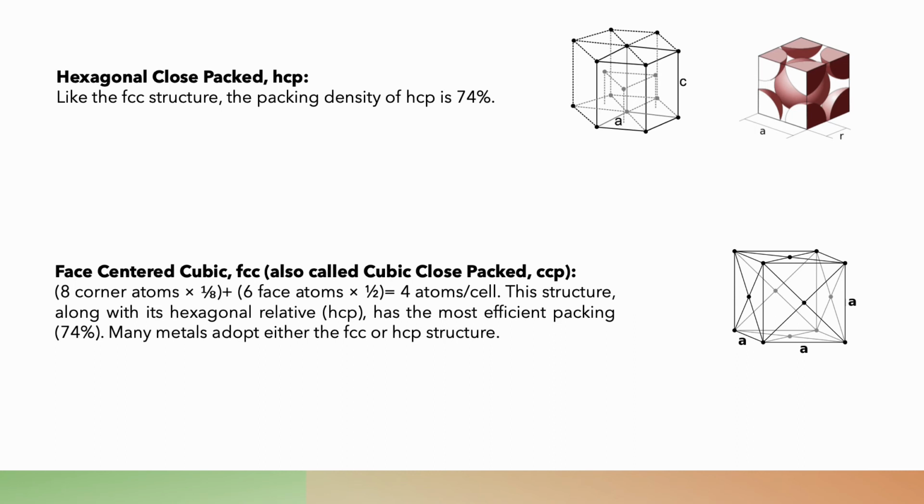This structure, along with its hexagonal relative HCP, has the most efficient packing, 74%. Many metals adopt either the FCC or HCP structure.